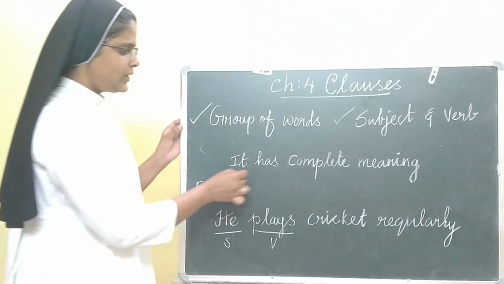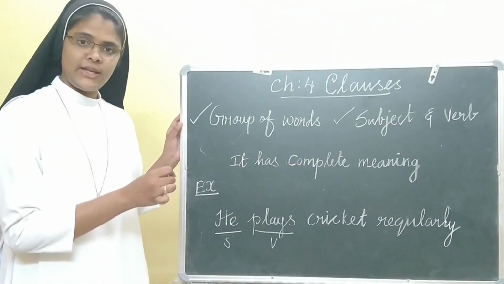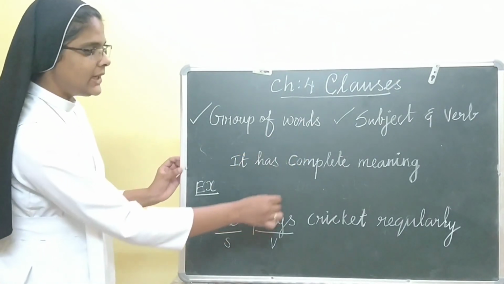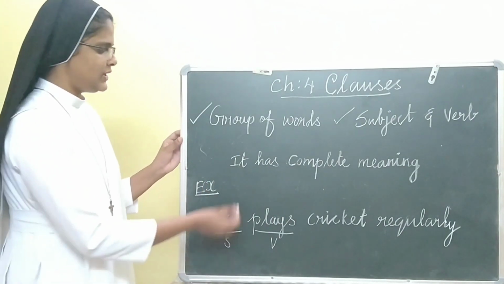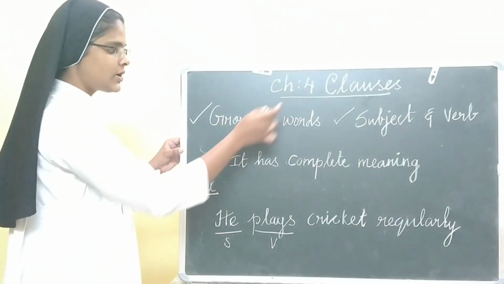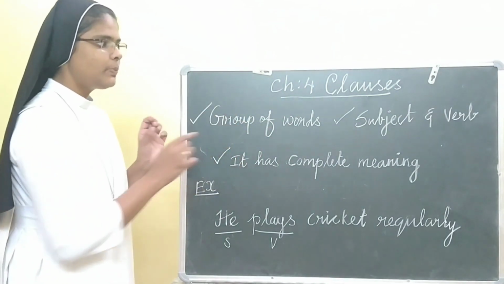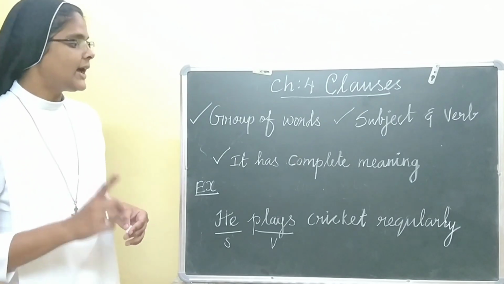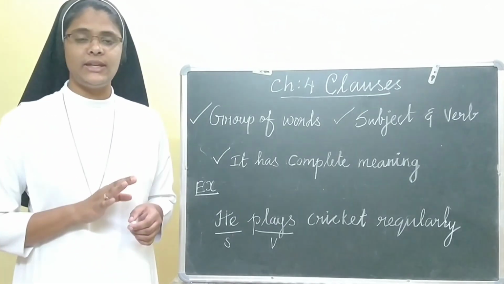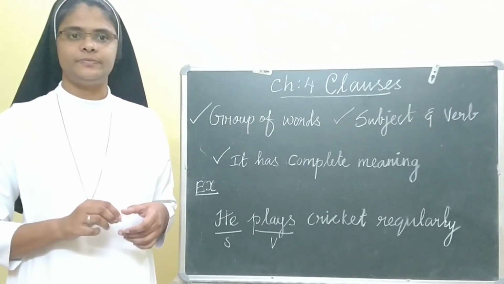Then third, it has complete meaning by itself. He plays cricket regularly is giving a complete meaning. So what is a clause? Clauses are a group of words, a subject and verb combination, and it has complete meaning by itself.